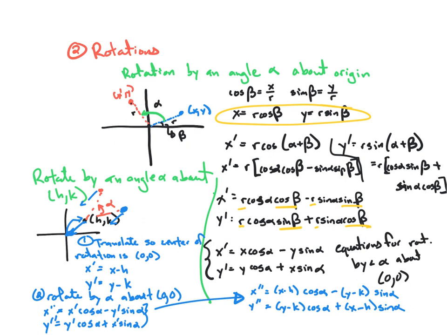Then the last thing is, we translated everything so the center of rotation was the origin, we did our rotation, and now we need to move everything back. So our third step is to translate.